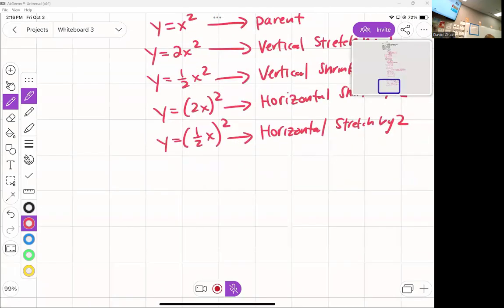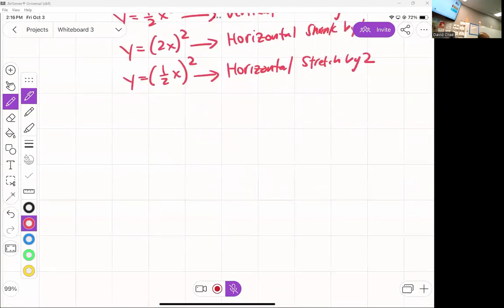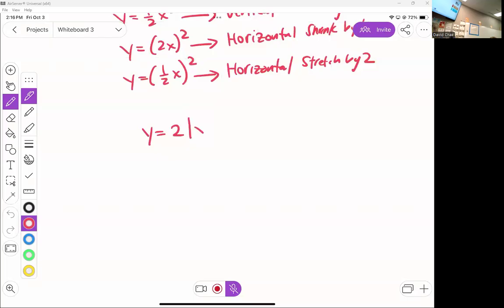Here's another one. Let me give you the equation and see what you can come up with. Here we go. y is equal to 2 absolute value of x minus 4, plus 3. Give me the parent function.